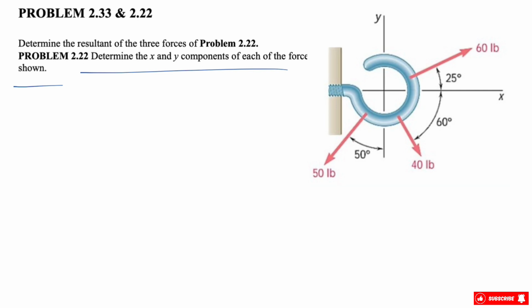So what we are looking for at the end is the resultant, which consists of the Rx, which is the sum of all forces in x direction, and Ry, which is the sum of all forces in y direction. And what we are looking for at the end will be the magnitude of the R and the direction.